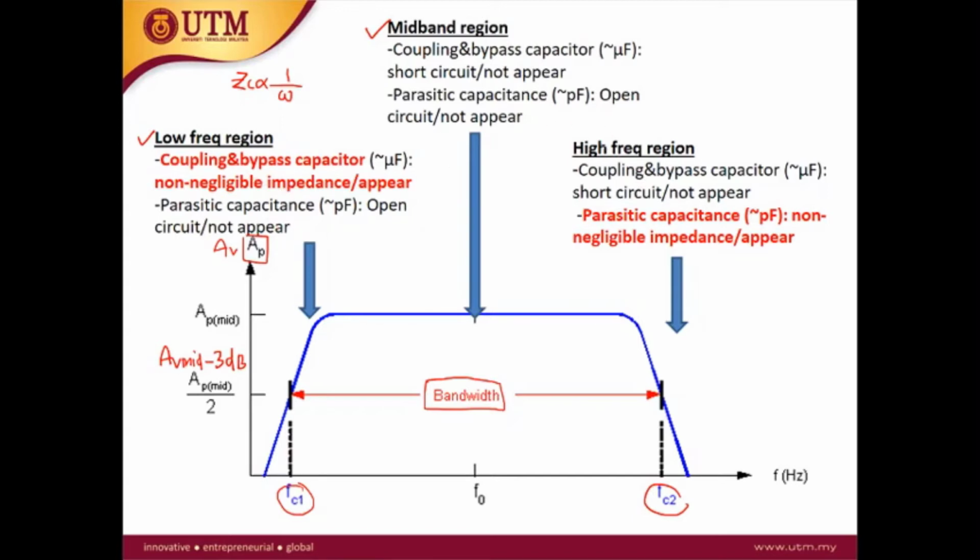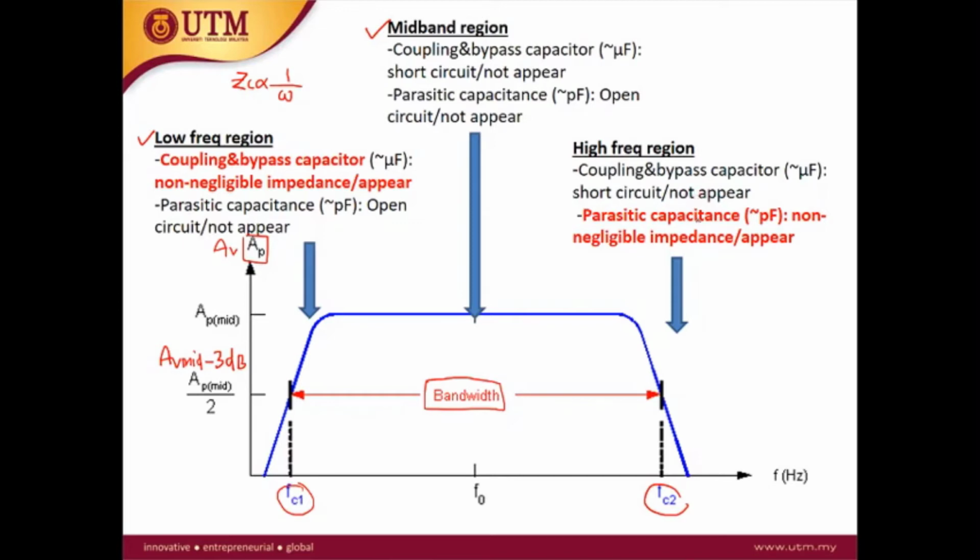Okay, so next we go to the high frequency region. In the high frequency region, when frequency increases, the overall impedance decreases. So the coupling and bypass capacitor will have a very small value, and in this region it can be replaced by a short circuit.